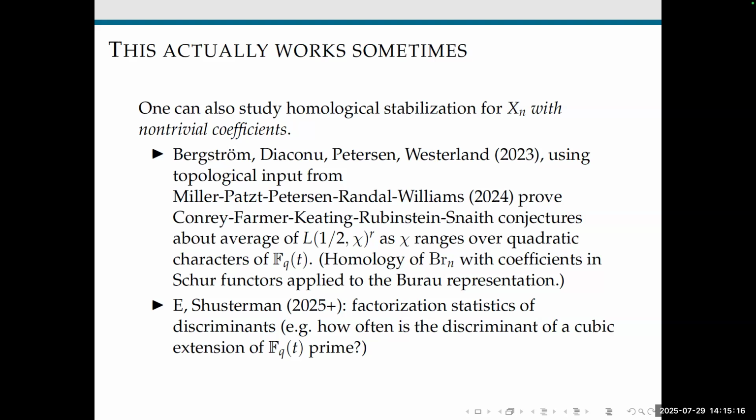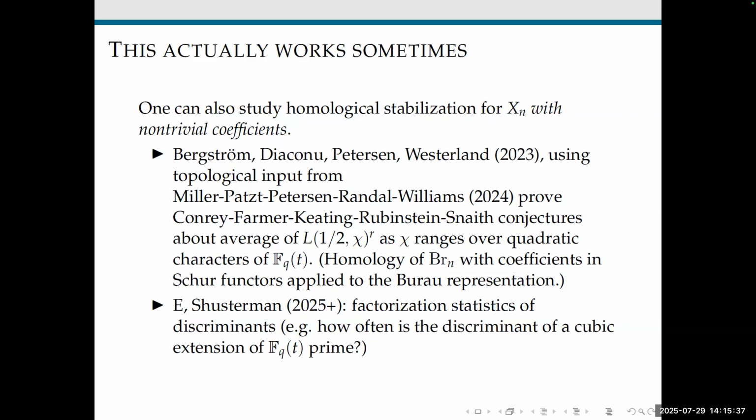And it turns out that that comes from proving homological stability, and in fact, computing the stable homology, not of the braid group with coefficients in Q, which is what I told you about from Arnold, but by being able to compute that with coefficients in representations of the braid group, which you get from Schur functors applied with Burau representations.